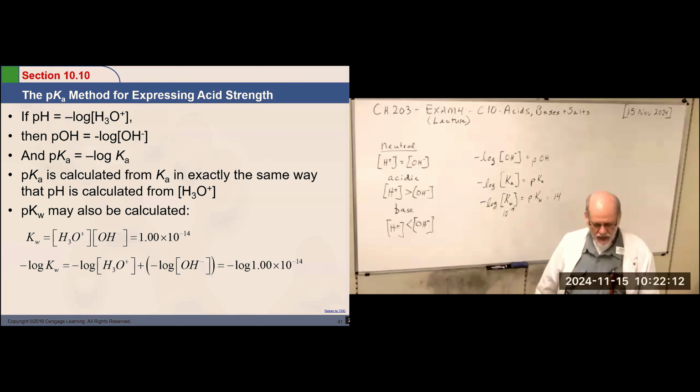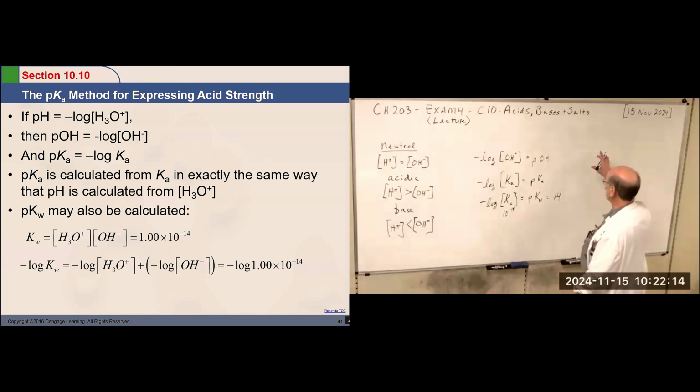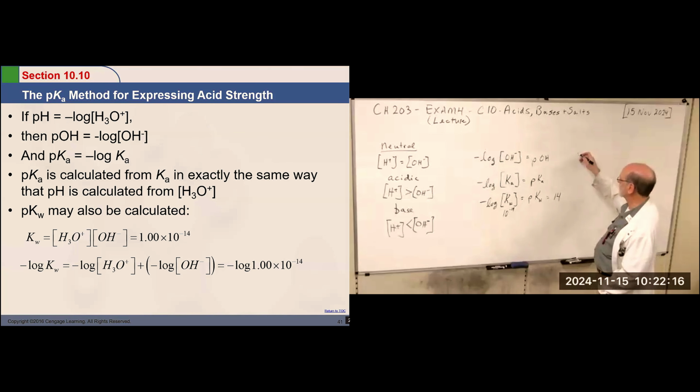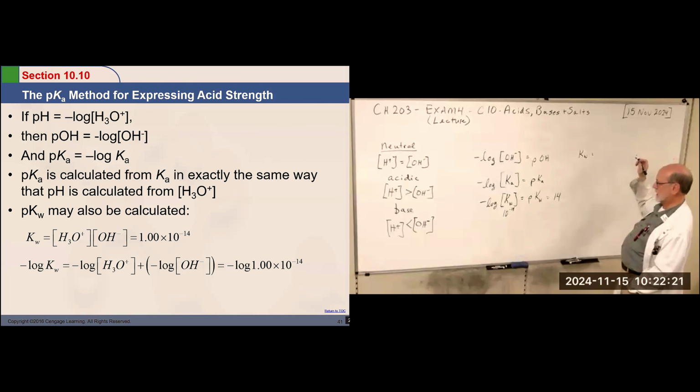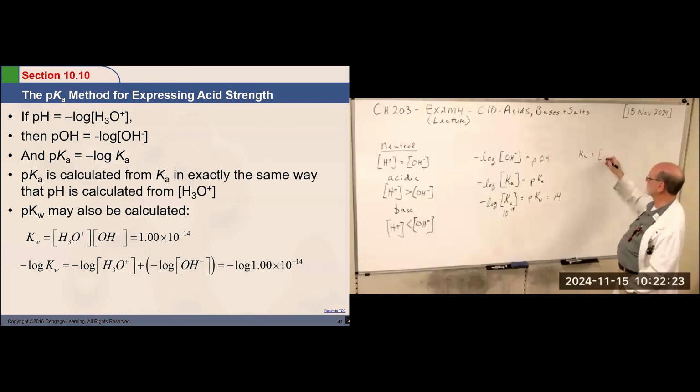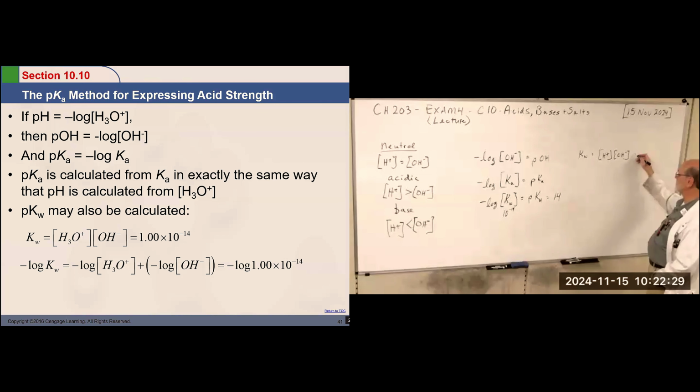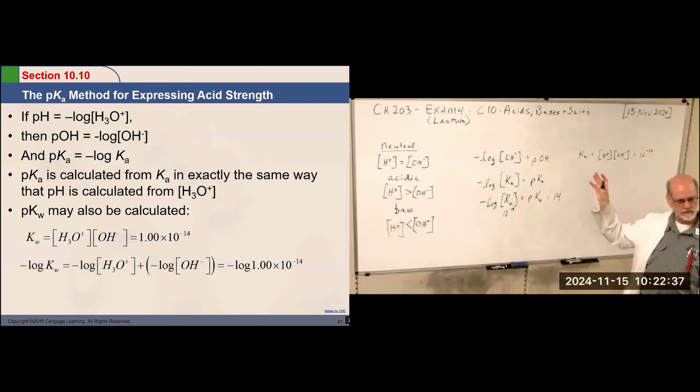Here we go. All right. We know from our previous expression that Kw is equal to hydrogen ion concentration times hydroxyl ion concentration is equal to 10 to the minus 14. Okay. So if we do the same thing to both sides of the equal sign, then we haven't changed it, right?